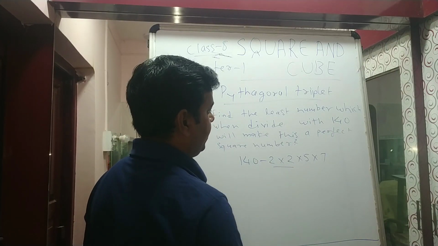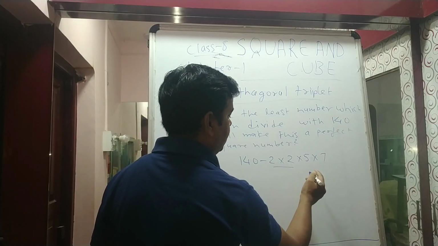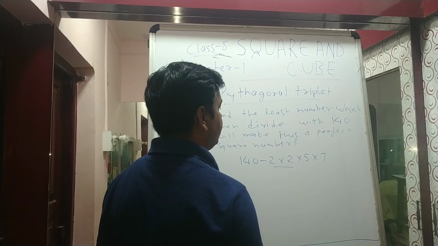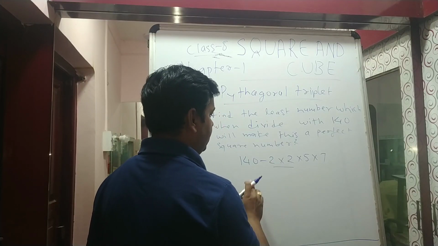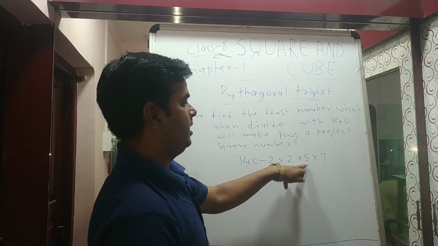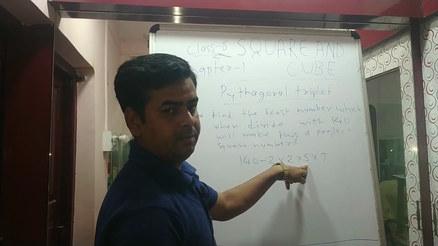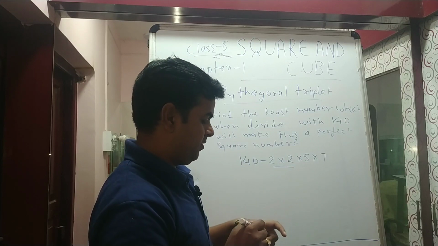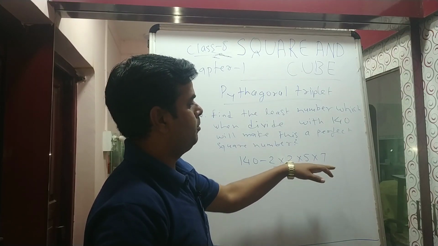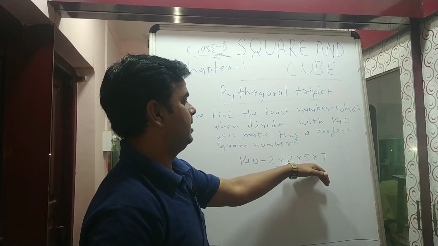So if we divide these two numbers, means 5 into 7, that is 35, our number can be a perfect square because this is in pair. If we divide this part only, because if we have one more 5, that will be also in pair. If we have one more 7, that will be also in pair, as it is missing over there.